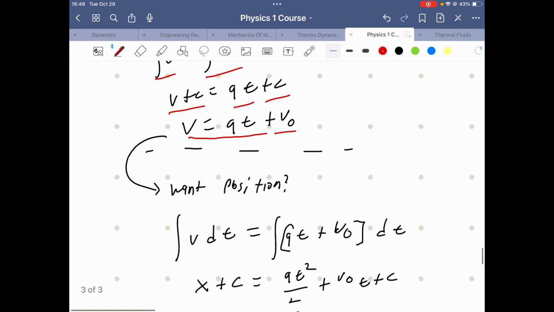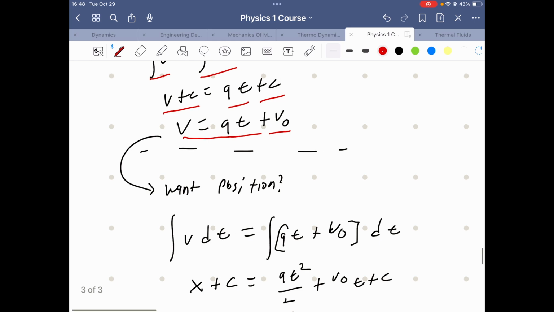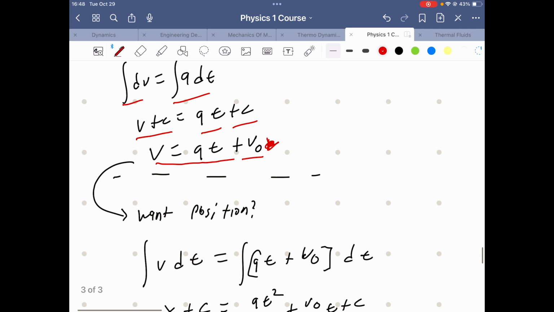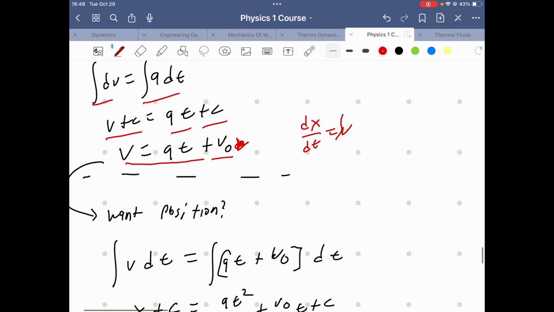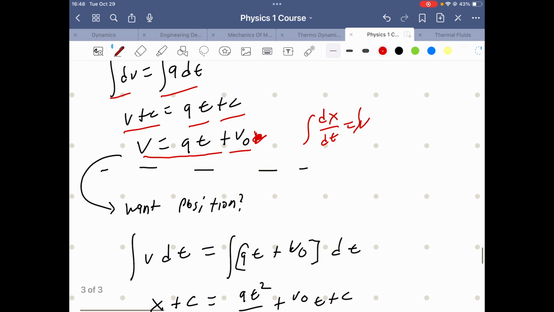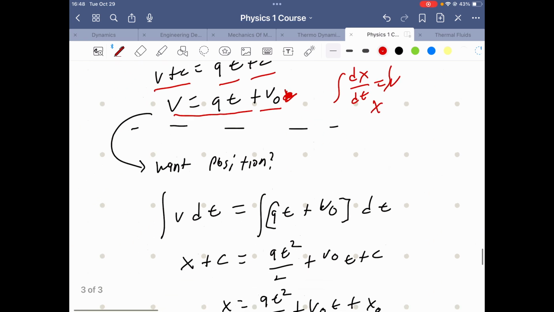So now if we want position out of this, well, we have this equation that we found right here, right? We can integrate both sides of this equation to find position, right? Because we said dx/dt is equal to v, so integrating v, you're able to get some position of x. So that's what we're doing here.